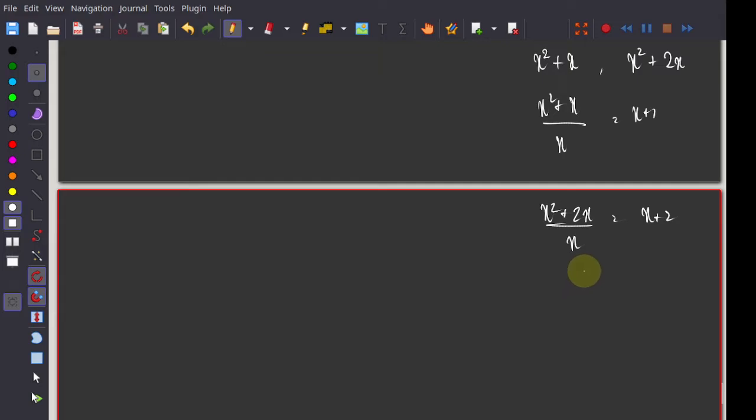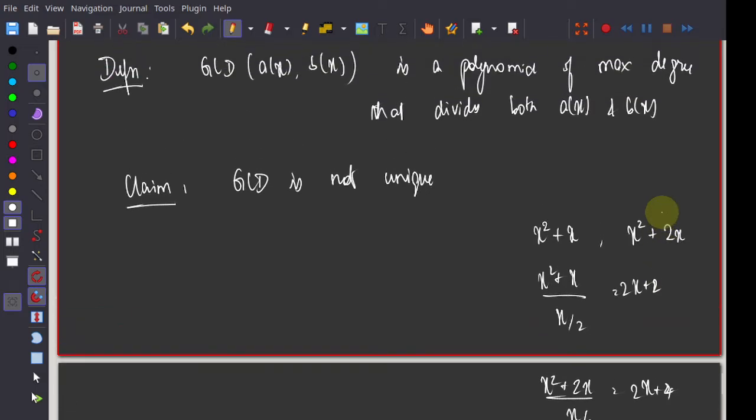But if I divide these by x by 2, then this is just 2x plus 2 and 2x plus 4, which are still polynomials. So every scalar multiple is also a valid GCD. So GCD is unique up to scalar multiples. But absolutely it is not unique.